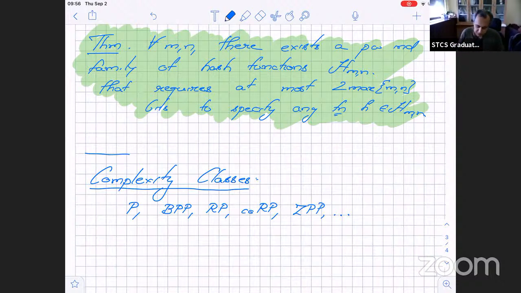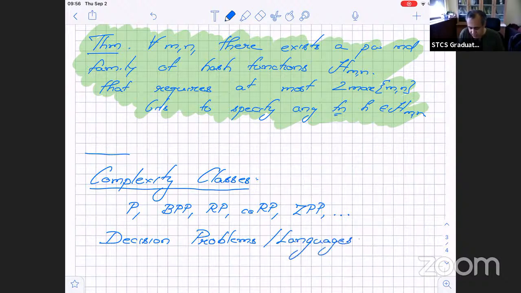So we'll talk about a specific class of problems called decision problems. These are also more commonly called, at least in computational jargon, languages. These are basically yes-no problems in which the answers are of two types.